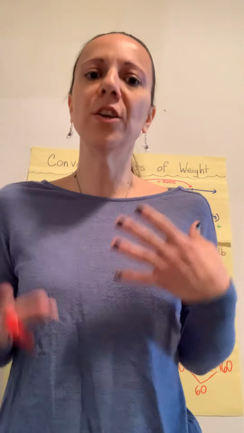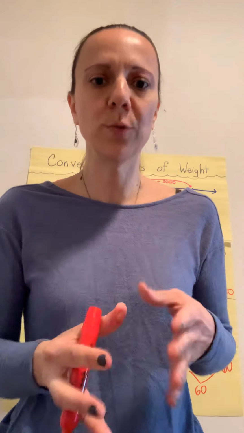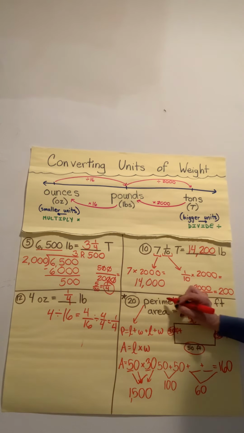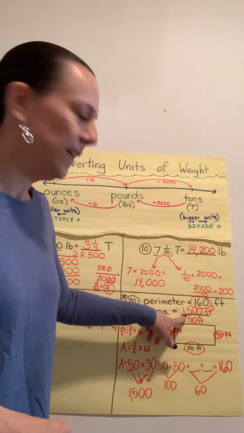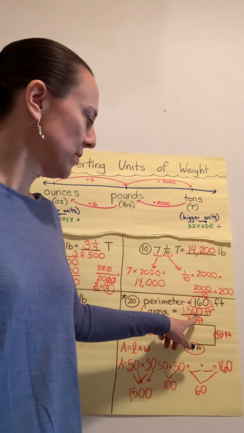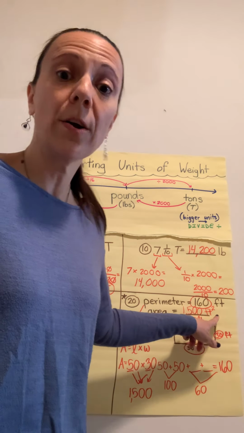I know area units are always square units because I did feet times feet. This must be square feet. So my final answer here, the area is going to be 1,500 square feet. Remember, we use that exponent 2 to show the unit when it's a square unit. So my final answer is area 1,500 square feet.